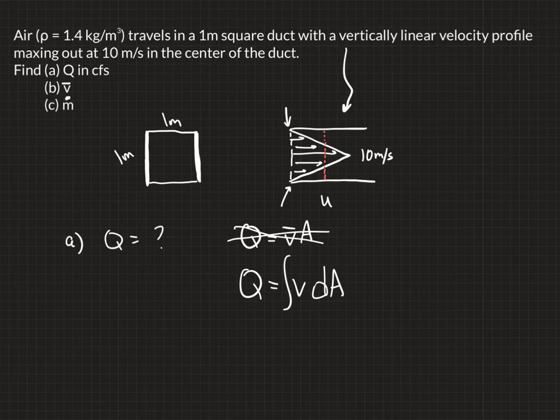The area is pointing in this direction, the exact same direction as the velocity, so we don't need to worry about a dot product. The area is pretty straightforward because we know a lot about this thing, 1 meter and 1 meter. It's actually a little bit less straightforward than that, but the velocity is an issue.